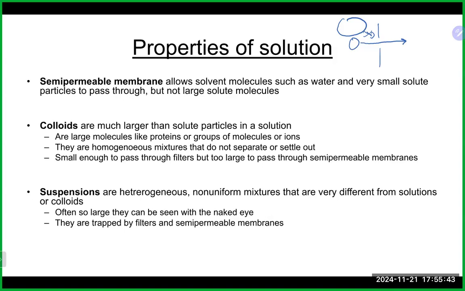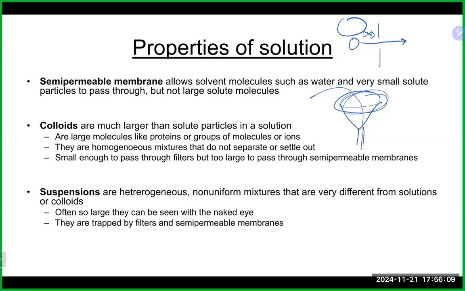It's a mixture, so they do not settle out, because everything's mixed together. They are small enough to pass through filters, like filter paper on a funnel, but they're too large to pass through a semipermeable membrane.